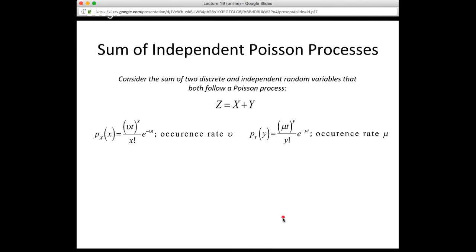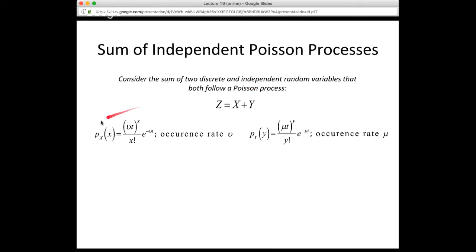Let's go through some more specific examples. Consider the case where x and y are both Poisson processes, and they are both independent random variables. And that'll become important a bit later.